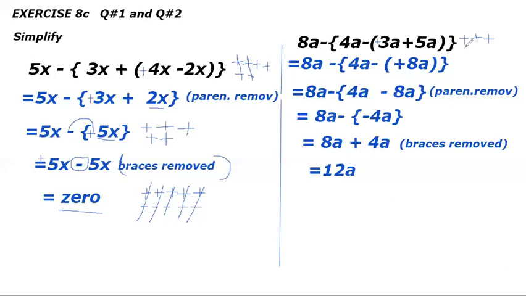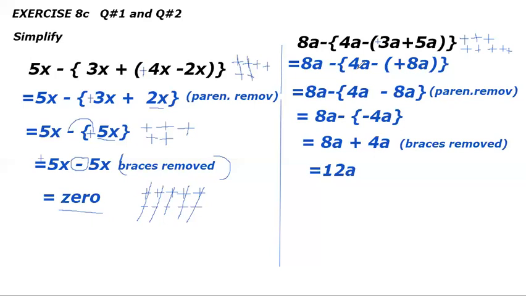Positive 5a means a positive a 5 times. And when you add all these positive symbols, you will get 8. Total positive signs are 8. So positive 8a. We will not remove the parenthesis in this step because there is a negative sign outside.